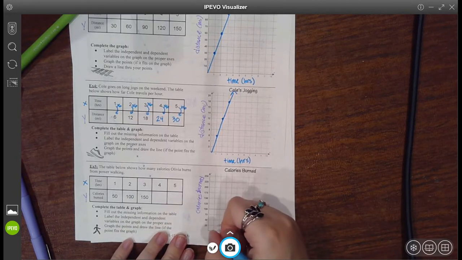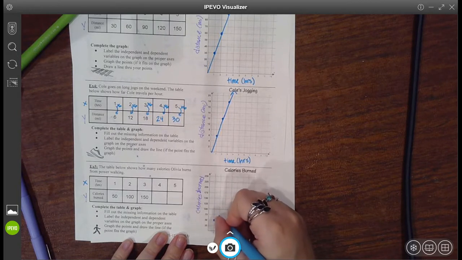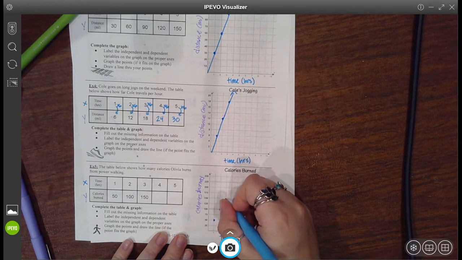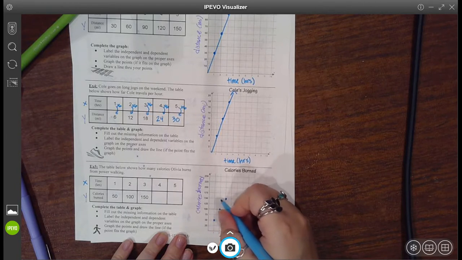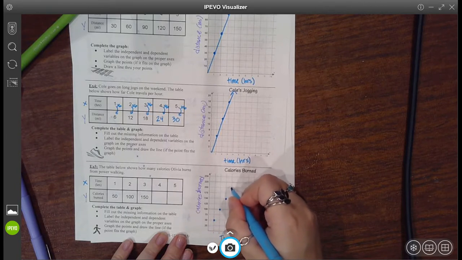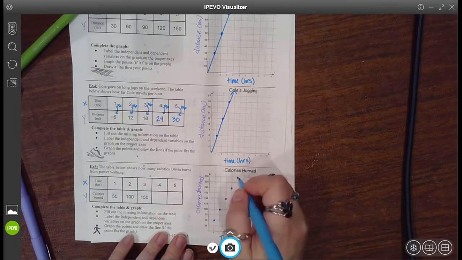Let's go ahead and graph those points. In 1 hour, Olivia burns 50 calories. In 2 hours, she burns 100. In 3 hours, she burns 150. Notice how it's going up 1, 2 over 1, up 1, 2 over 1, and so on. It continues at a continuous pattern.